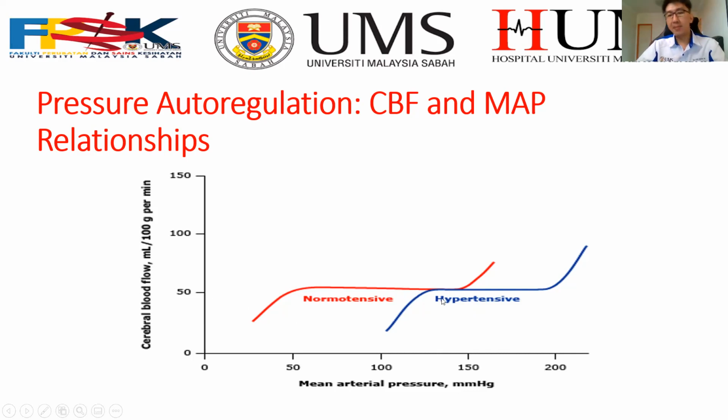However, in chronic hypertensive patients, the entire chart has to be moved to the right side, as you can see in the blue chart. So their mean arterial pressure to sustain autoregulation has to be higher, about 120 to 150 millimeters of mercury.